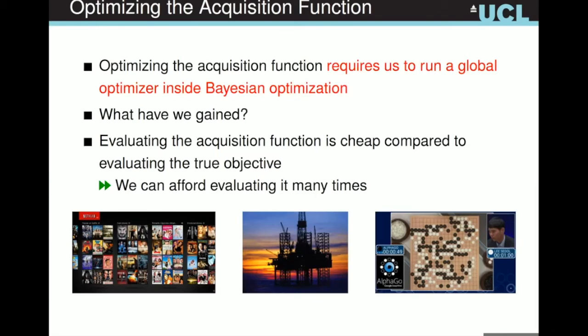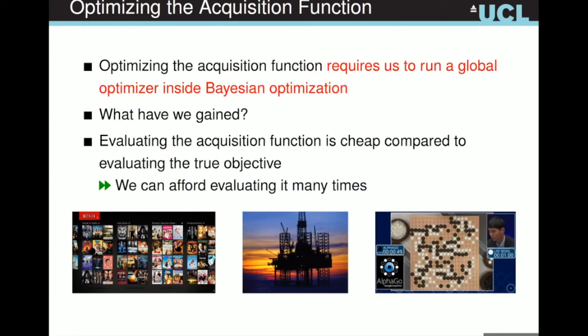We can maybe think about settings where evaluating the true objective function would require us to drill a hole into the ground to figure out whether oil is there. So that is something we do not want to do many times. Netflix uses Bayesian optimization to find high-level metaparameters of their deep learning algorithms for movie recommendations.